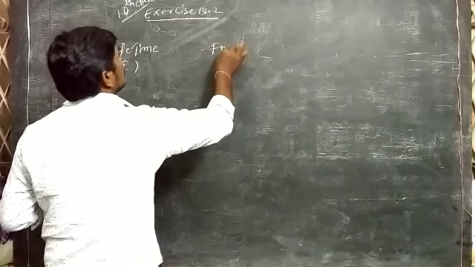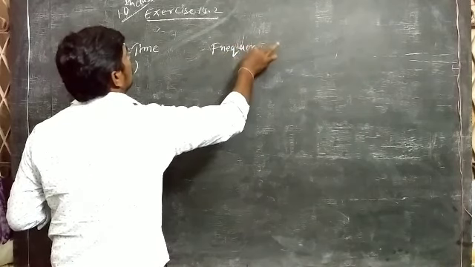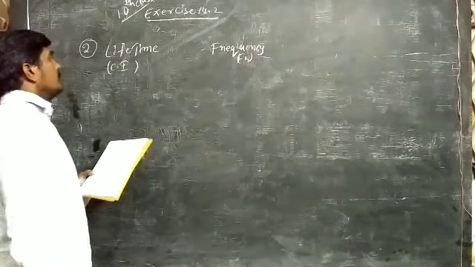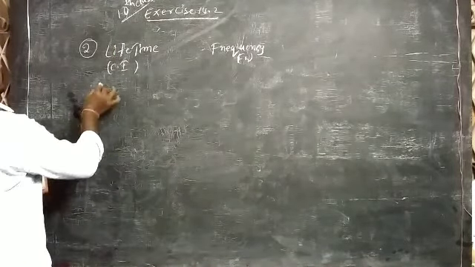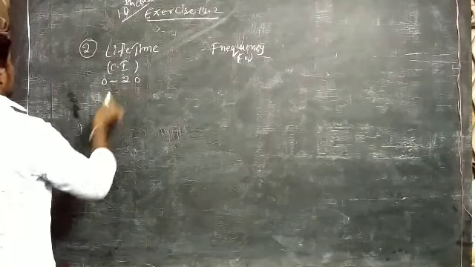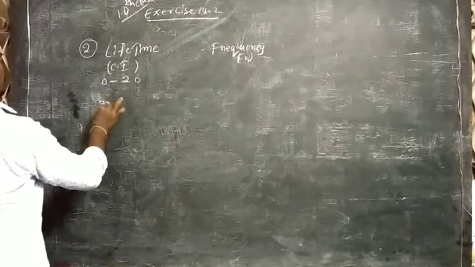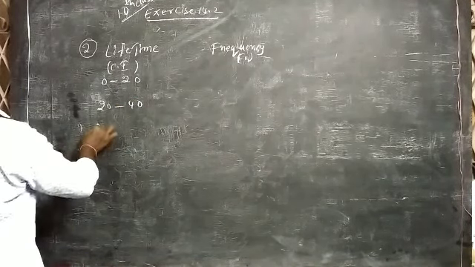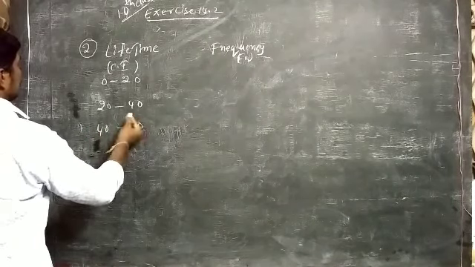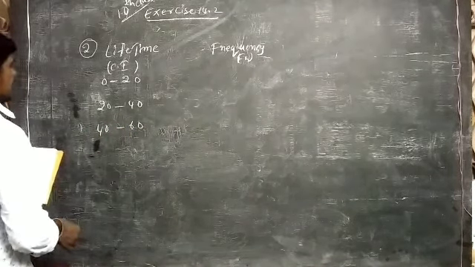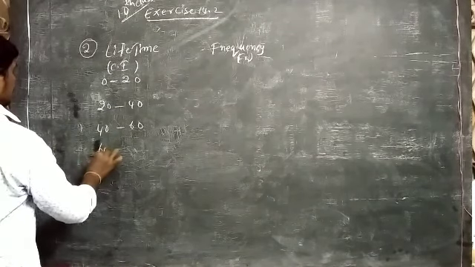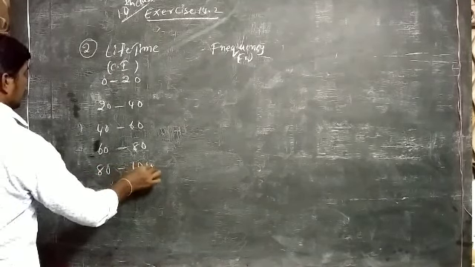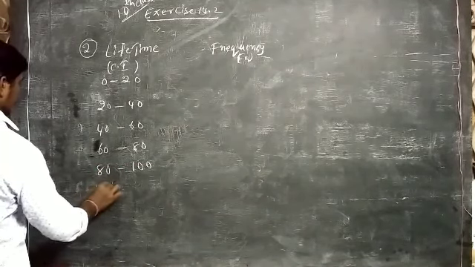Next column is the frequency column, represented by F or f. Okay, check that data. 0 to 20, 20 to 40. These are equal class intervals, or exclusive class intervals. 40 to 60. Class size here, easily you can understand, is 20. 60 to 80, 80 to 100, 100 to 120.